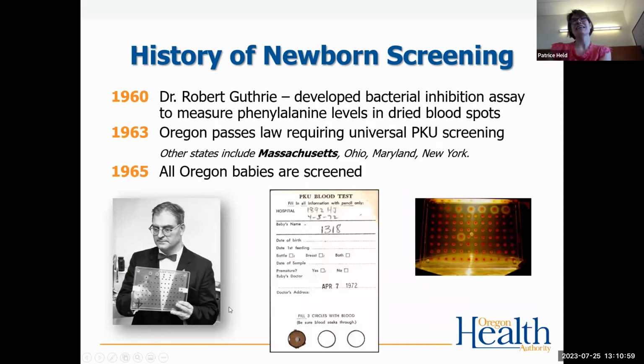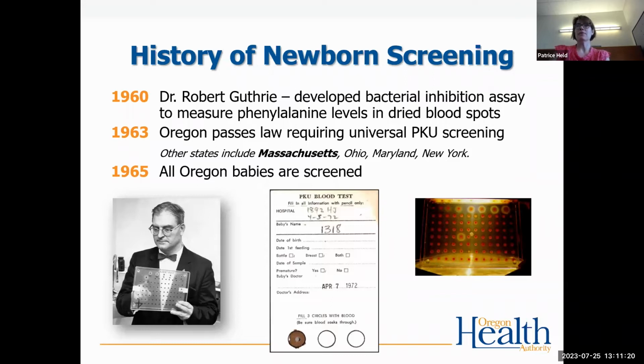Dr. Guthrie developed the bacterial inhibition assay in order to measure phenylalanine levels in dried blood spots. You can see here on the figure on the right is an agar gel, and each one of these red circles is a dried blood spot from a different baby.